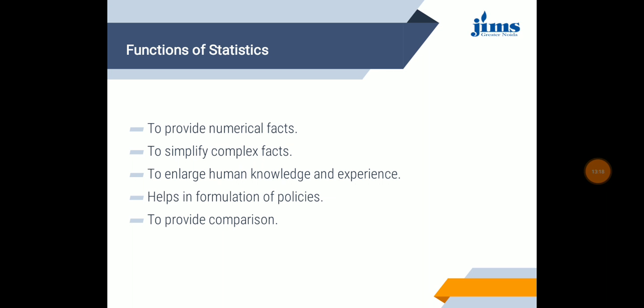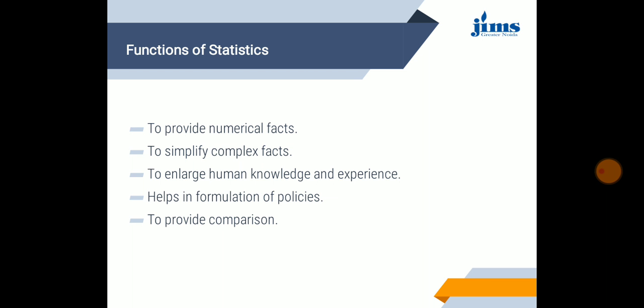Second is to simplify complex facts. For example, if we have a situation like how many of our students are not performing well in the class tests. If we take the average and we find that the majority of the students are not performing well in that class test, that means there are two interpretations.